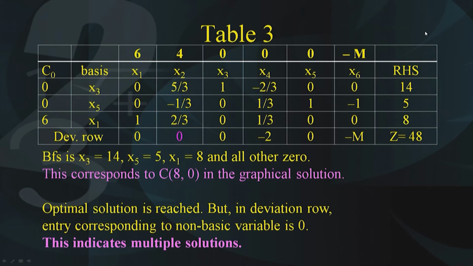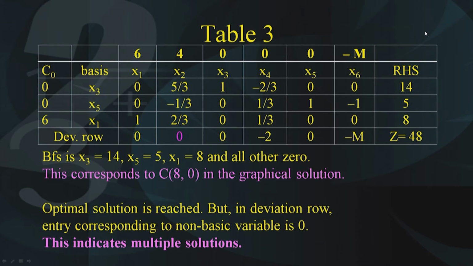Similarly, x3 is in the basis, therefore this entry is 0. x5 is in the basis, so this entry is 0. Minus 2 and minus M are non-basic variables and their entries are non-zero, but the most important thing is this entry. x2 is not in the basis, it is a non-basic variable, but it has an entry 0.